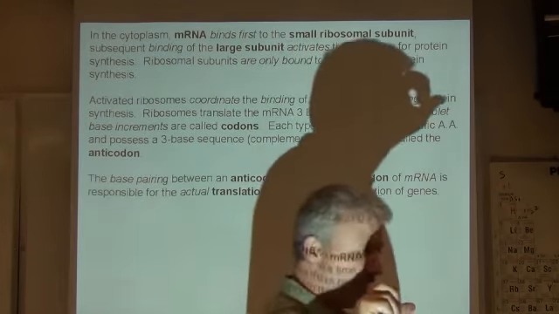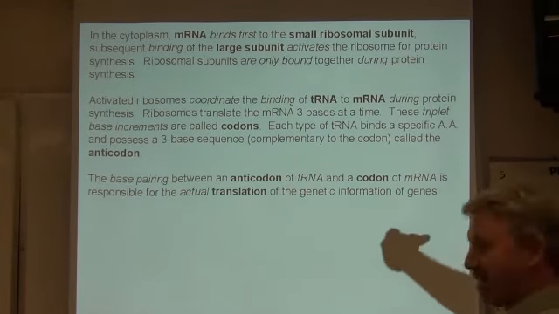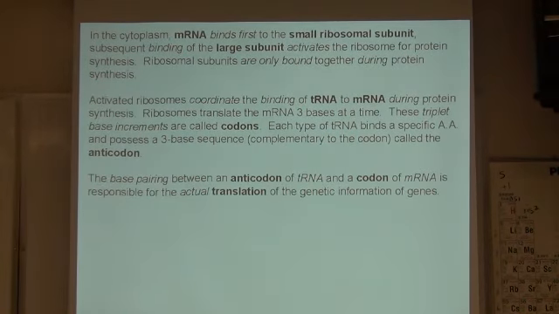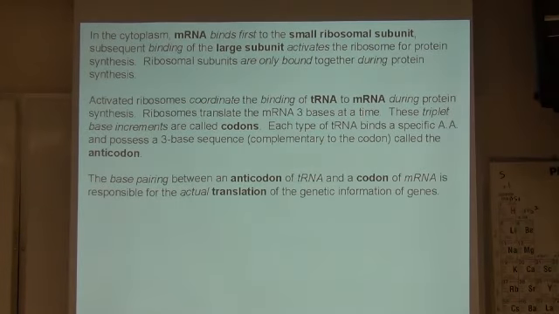So if you wanted to use a codon that only represented 2 nitrogenous bases, you would not have enough combinations to be able to explicitly identify individually each amino acid. There's not enough combinations. But if you go to 3, you have 64 possible combinations. More than enough to differentiate each individual amino acid.